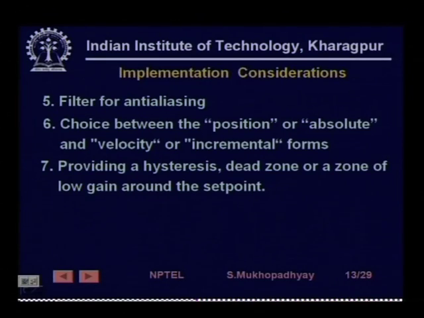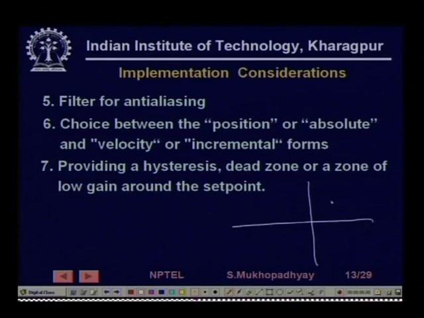Sometimes, as we have learnt in electronics also, consider comparators. If you have ideal comparators, then the output will keep on switching. Therefore, we put either a hysteresis or a small dead zone around the 0 point. We say that if the error is a little bit within this zone, then I am going to keep my control output as before.